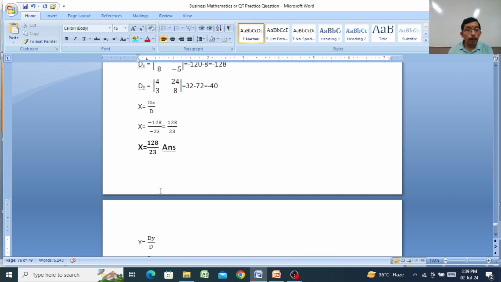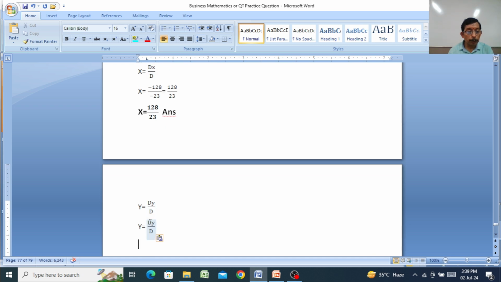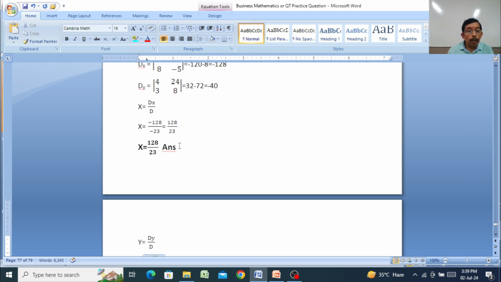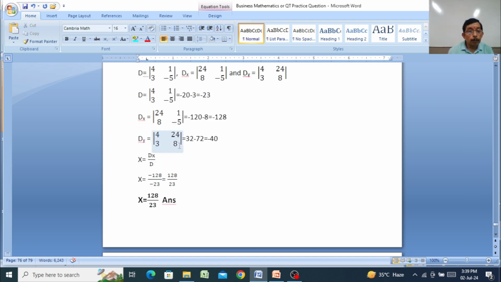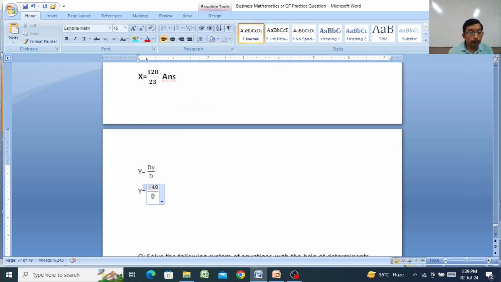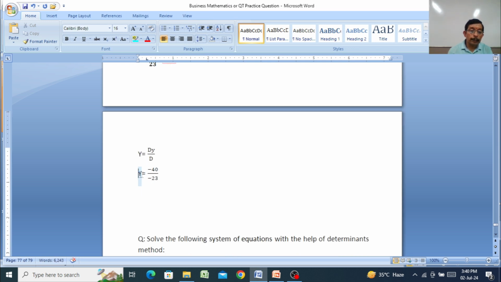The value of Dy is equal to minus 40 and the value of D is equal to minus 23. Now the minus sign is cancelled from both the numerator and denominator.